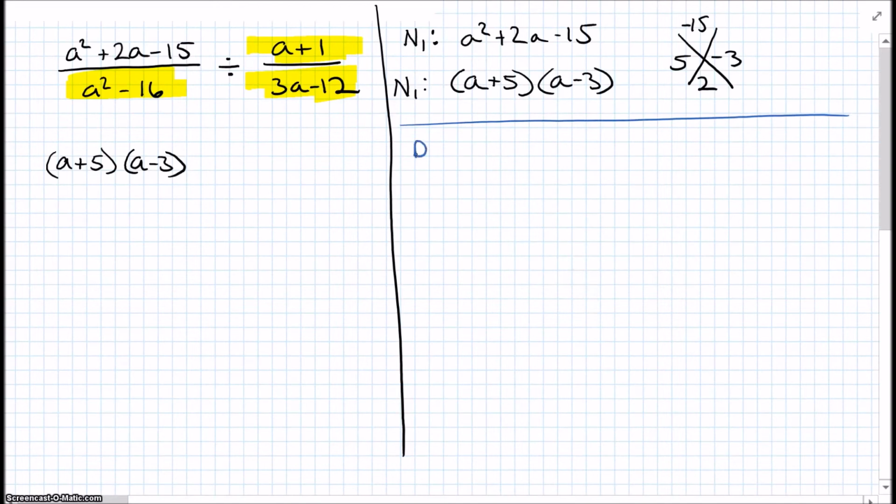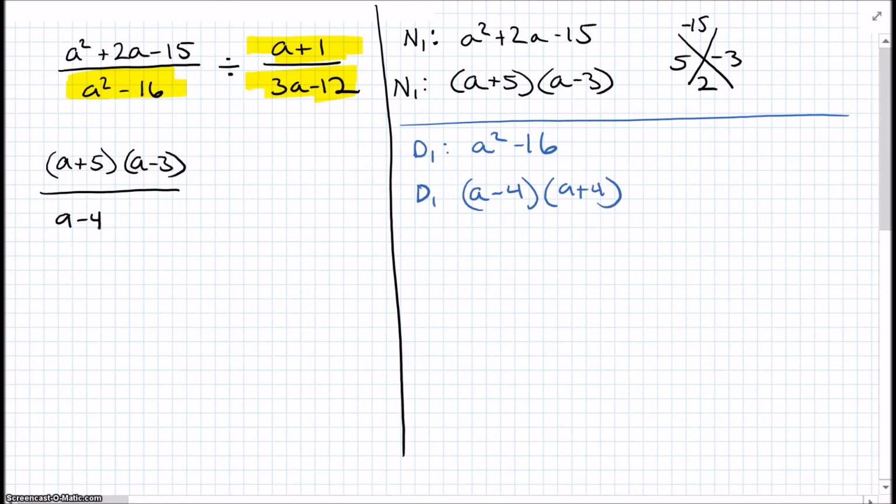Let's do denominator 1. That's a squared minus 16. Well, that's a difference of squares, so that's just (a minus 4)(a plus 4). So we can write that over here. Okay, but now let's look.